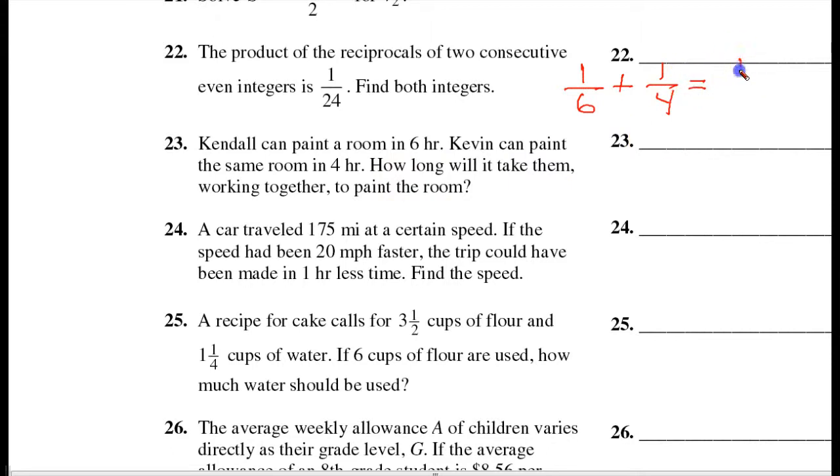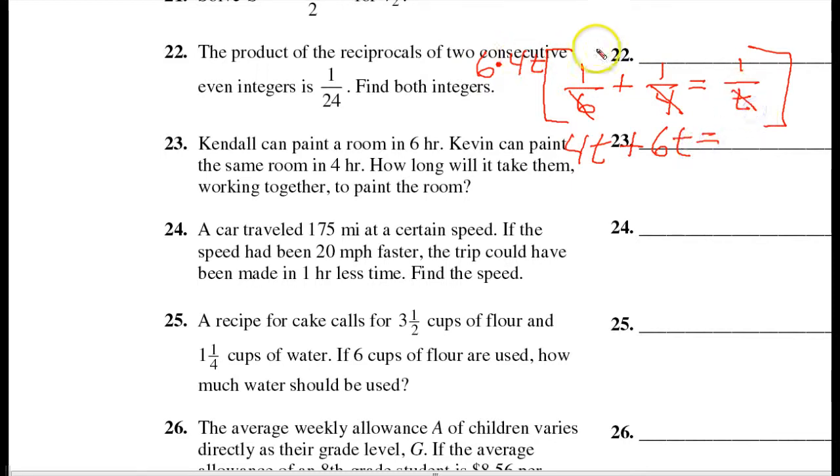Well, this is one of our work formulas, which looks like so. Here we're going to multiply every term by 6 times 4 times t. When I multiply, the 6's cancel out and I get 4t. Here the 4's cancel out and I get 6t.